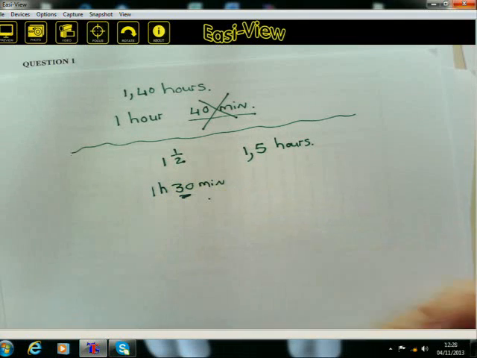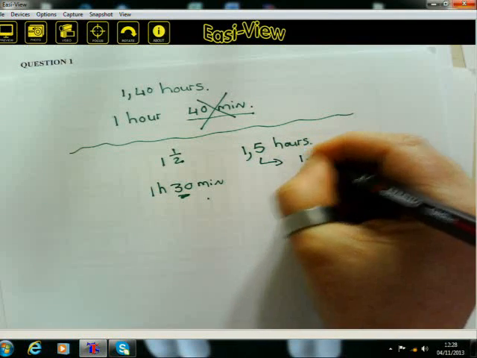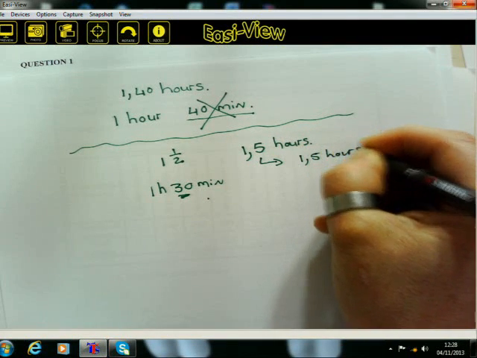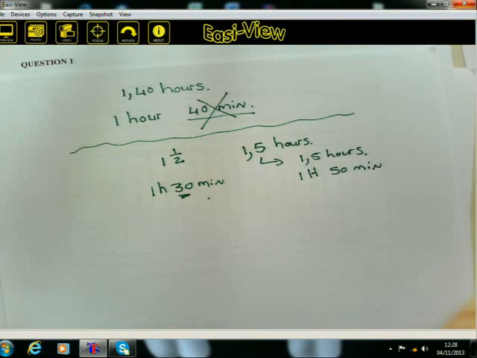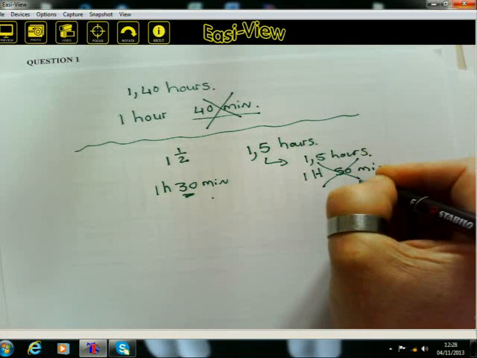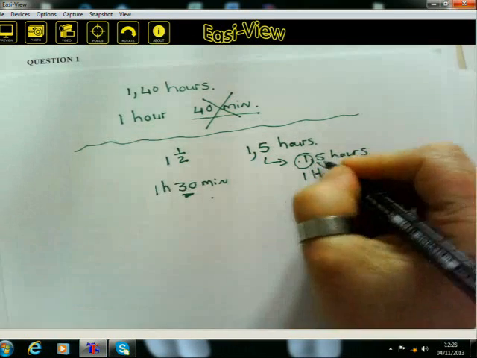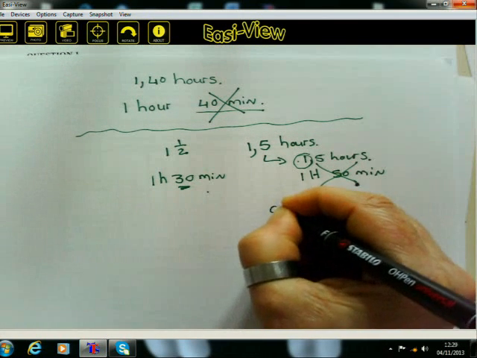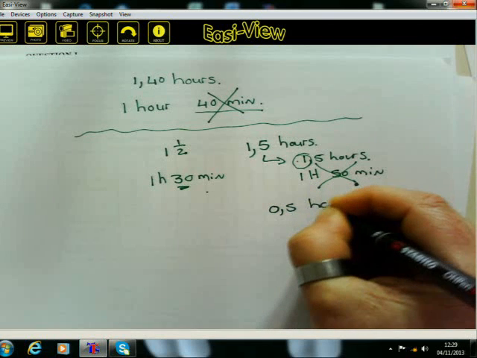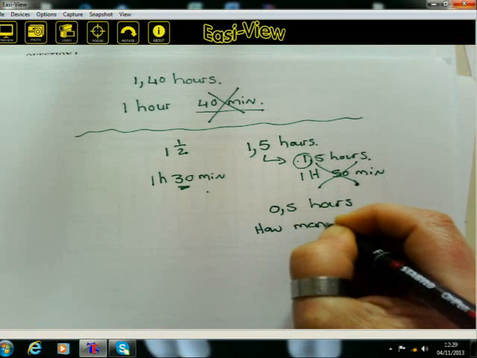Now where did the 30 come from? This is what I'm trying to explain to you. If I'm having 1.5 hours, I cannot say 1 hour 50 minutes or 1 hour 5 minutes. No. The 1 hour is obvious, yes. But when it comes to the 0.5, you need to work out what fraction that is of 60 minutes. So if I come to 0.5 hours, I need to ask myself how many minutes.